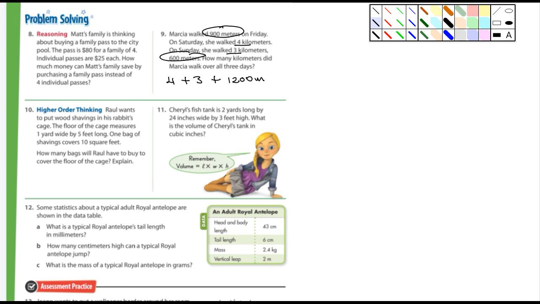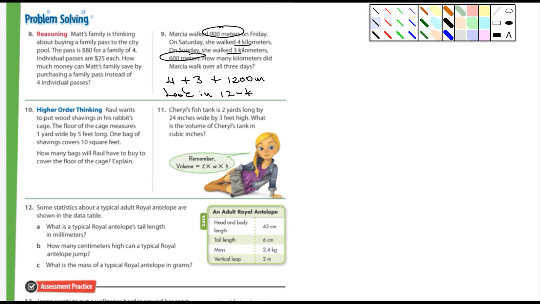Look in 12.4. 1 kilometer is 1,000 meters. 1 meter is 100 centimeters. And 1 meter is 1,000 millimeters, and 1 centimeter is 10 millimeters.